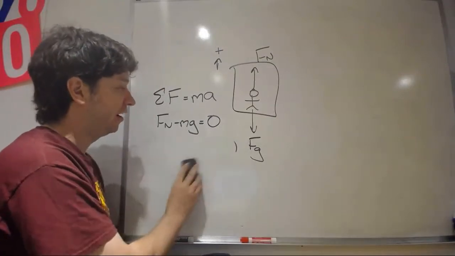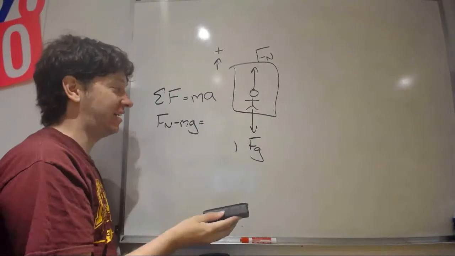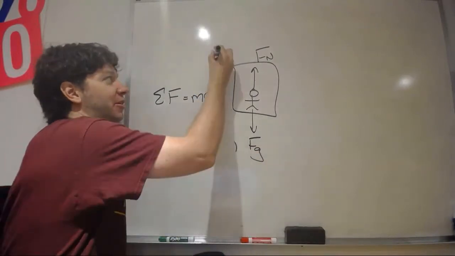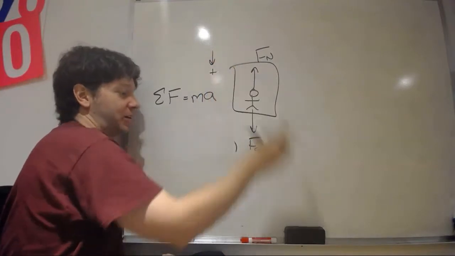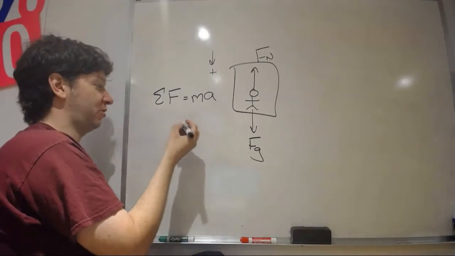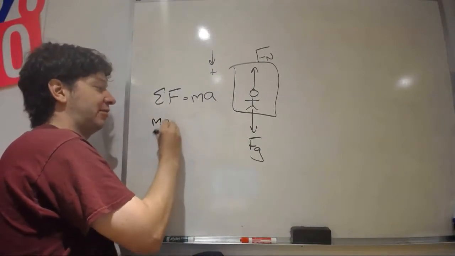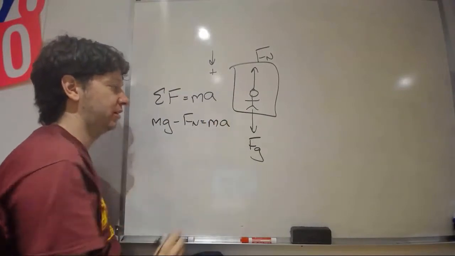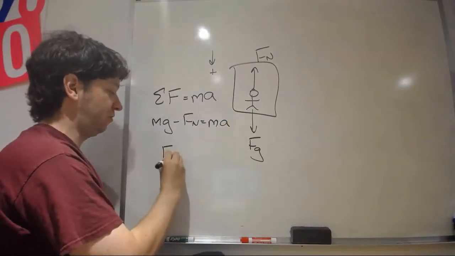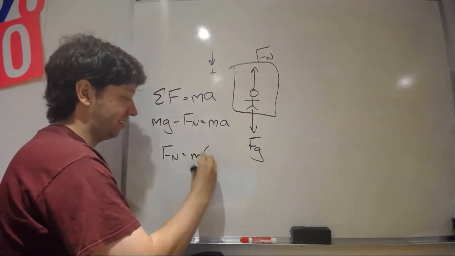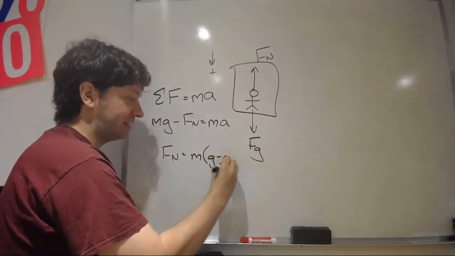Okay, now what about when it's accelerating down? Well, in this case, let's change our coordinate system, and we'll make down positive. Therefore, we have gravity, mg, minus the normal force equals ma. Rearranging to solve for the normal force, and we can factor out the mass, we get g minus a.